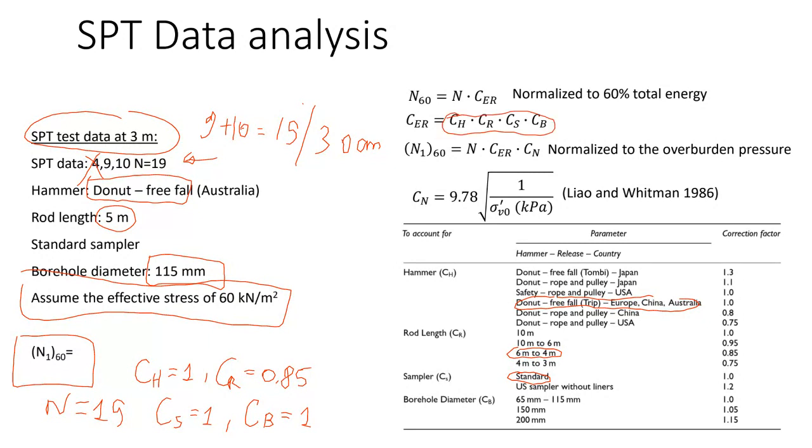Now we need to get this coefficient and normalize to the overburden pressure. So we just use this formula.